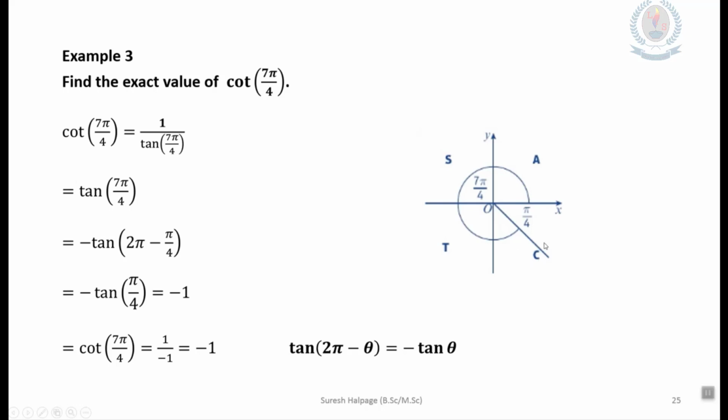It is in the fourth quadrant, where cosine is positive, so you need to put a minus sign for tan.